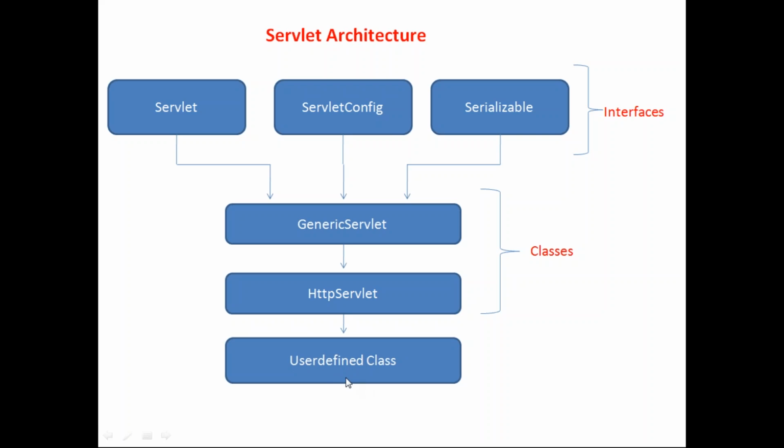So when we create our servlet code, our class must inherit the HttpServlet class. Just like if you want to create a multi-threading program, we need to extend the Thread class, in the same way, if you want to develop servlet code, we need to inherit the HttpServlet class.